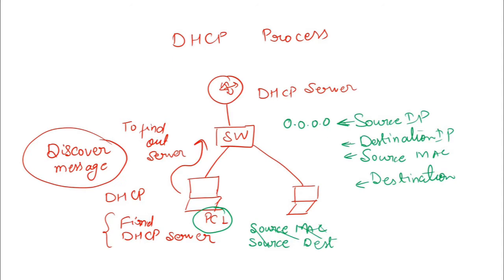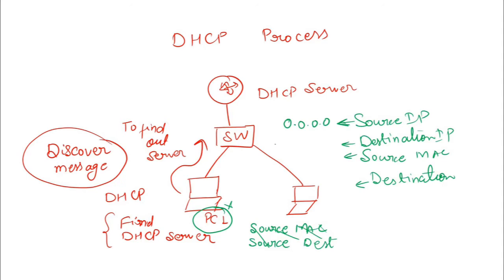And for the destination IP address, because it has to be sent to the DHCP server, but PC1 is still not aware of the IP address of the DHCP server, it will send to the broadcast IP address.